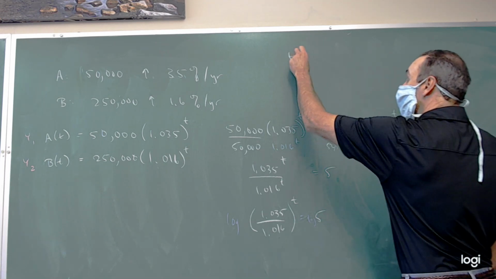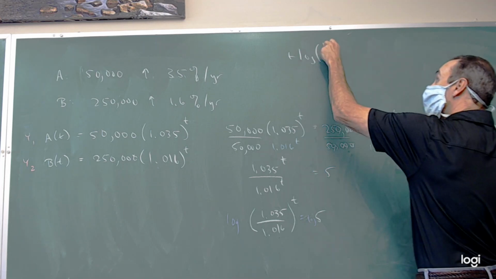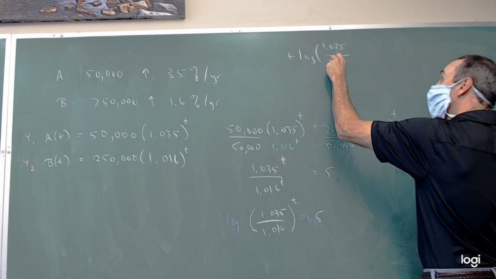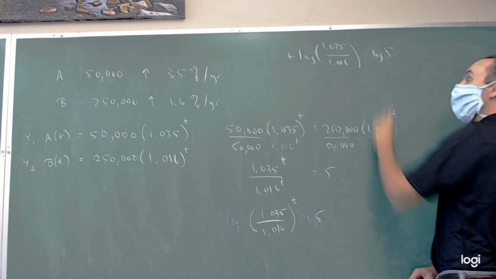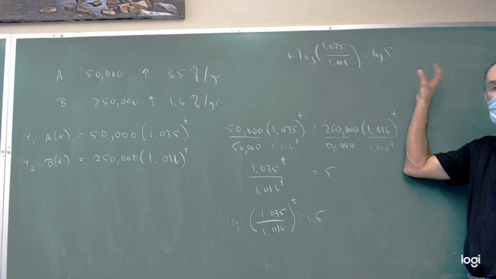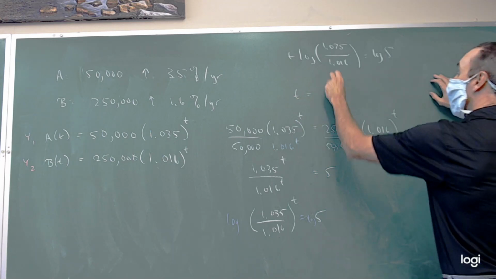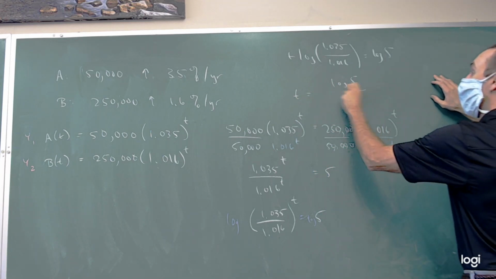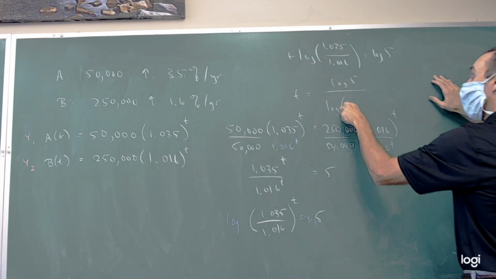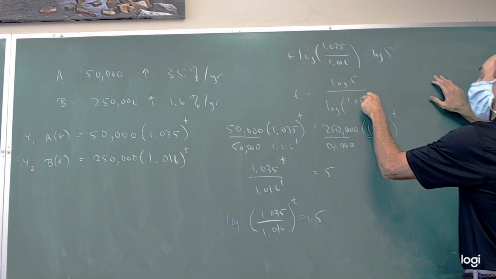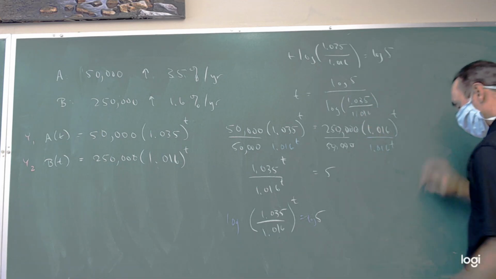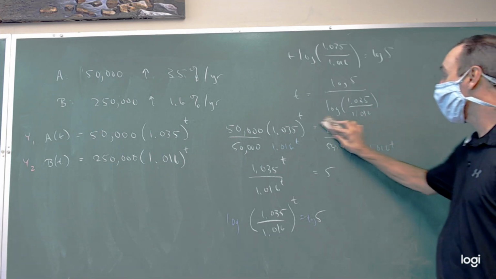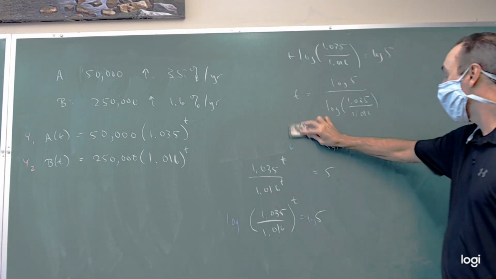So it's T log of that mess, 1.035 over 1.016, equals the log of 5. And then let's do this as one entry into our calculator. So we're going to take the log of 5 over the log of 1.035 over 1.016. And when you get that, why don't you give me about 3 decimal places?